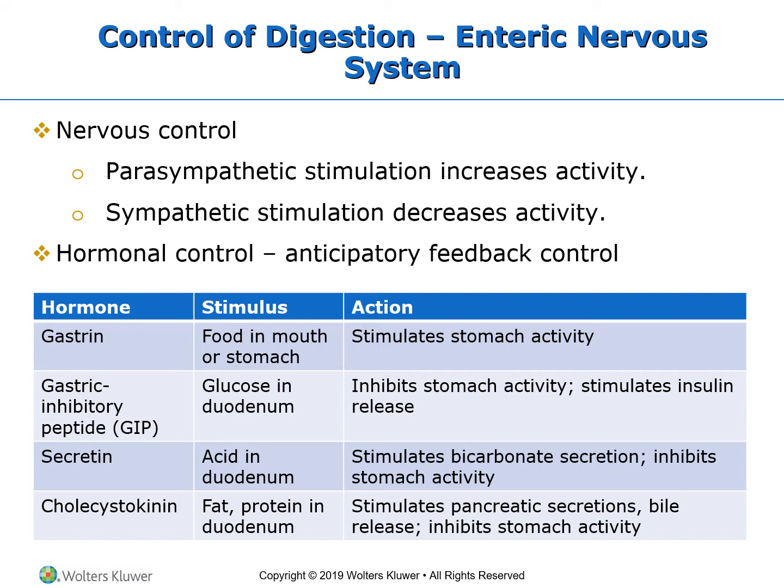In the same way, if the food moves too rapidly, or there is an excess of secretions, digestion and absorption will be incomplete, and as a result the digestive tract lining will be damaged.